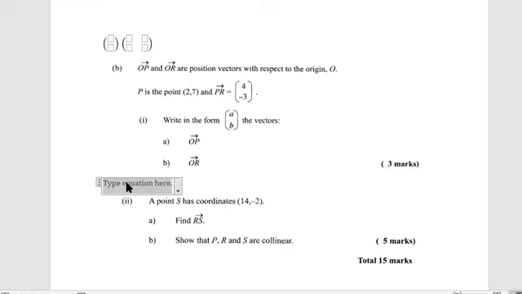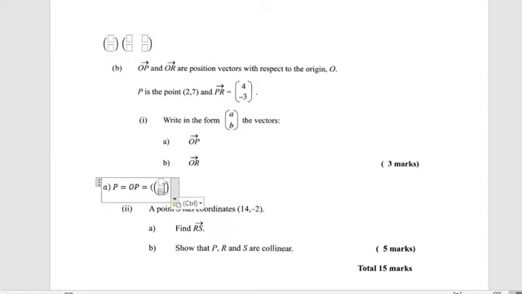Since O is the center, the origin, what we now know is that OP will be equal to the point P that was given. So therefore OP is equal to 2, 7.